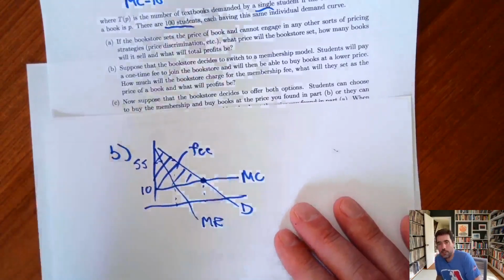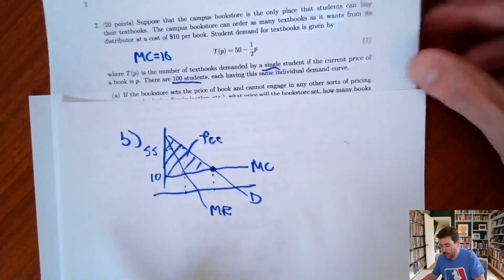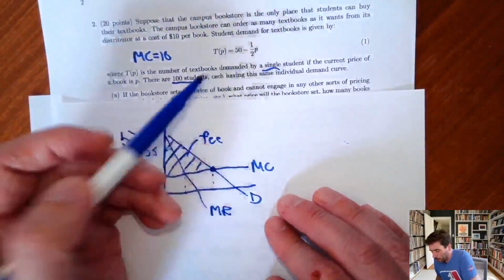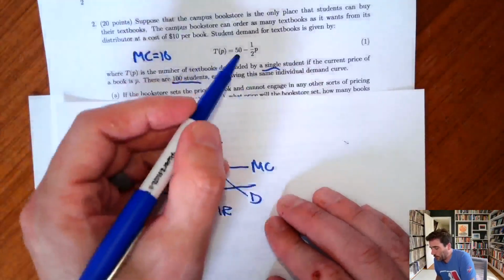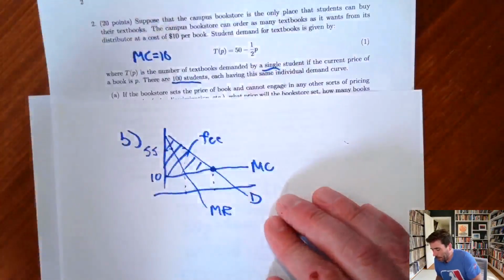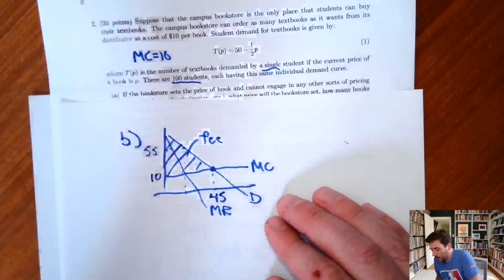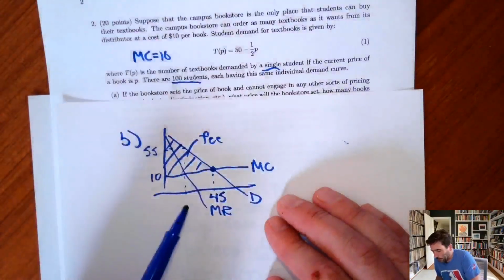So let's do this for each individual person, right? So if I go back to my original demand function here, right? When P is 10, right? That's going to be 50 minus 5, so that's going to be 45, right? So each individual consumer is going to demand 45 units here, right? 45 textbooks.